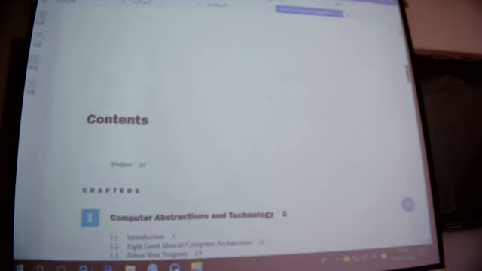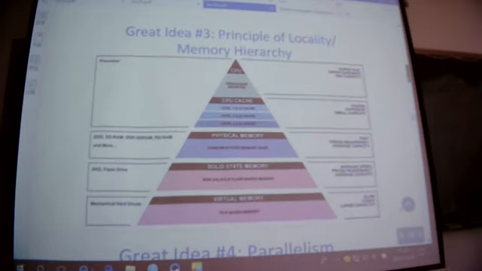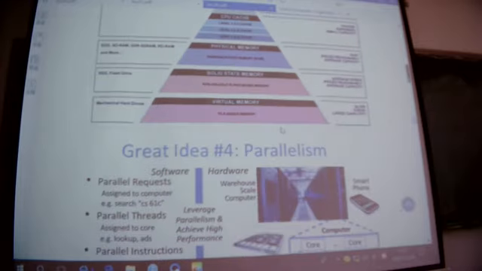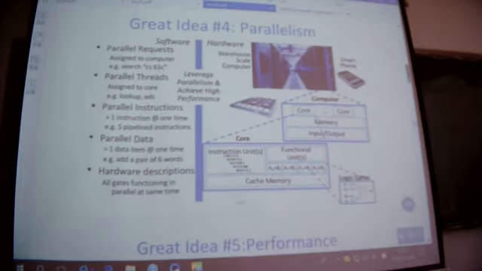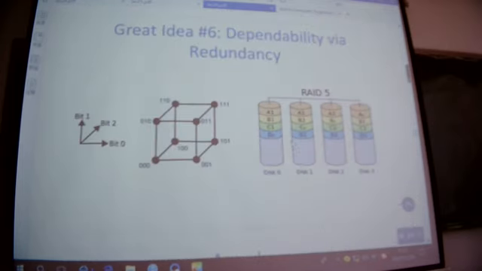In the textbook, there are the principle of locality or memory hierarchy. Memory hierarchy is very important in the formal class. The great idea four is parallelism. There is performance. There is dependability via redundancy.